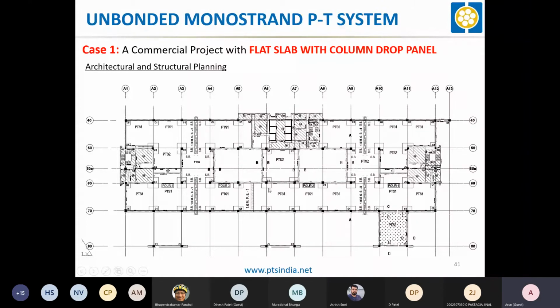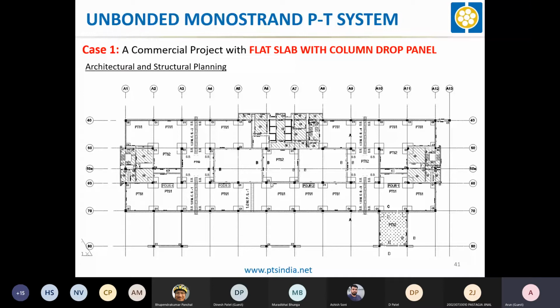Here what happens is the slab is directly supported on the column, so there would be punching actions. To mitigate the punching action, we need local thickness of the slab over there. Secondly, there will be a peak of negative bending moment at the column, and it will be shooting up exponentially over there.